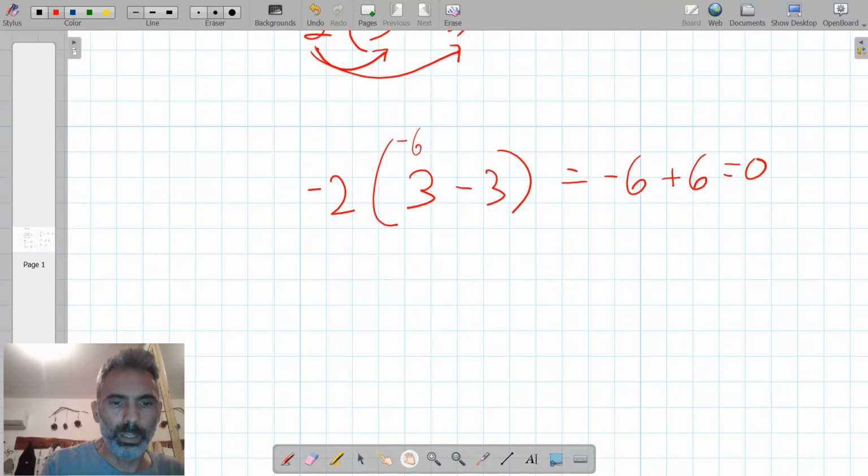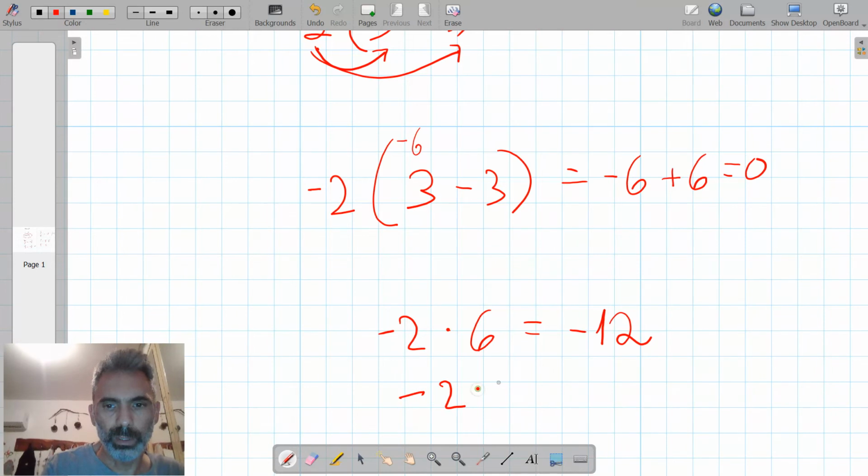Okay. Another explanation is that, let's say we have minus 2 times 6. It's negative, sorry. Minus 2 times 6 is minus 12. So if we multiply minus 2 times minus 6, it's the opposite of minus 12, which is 12.